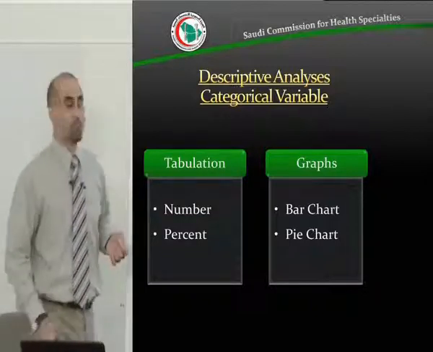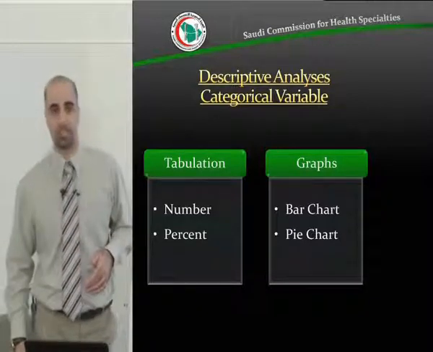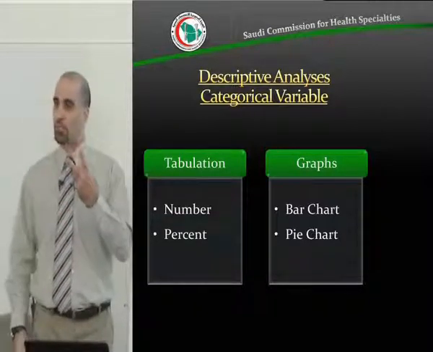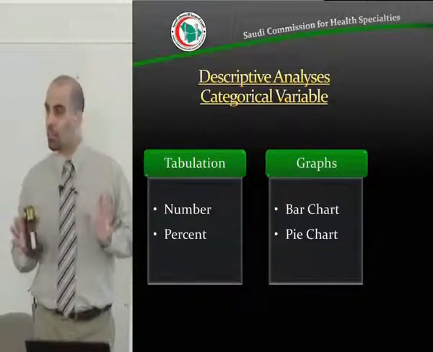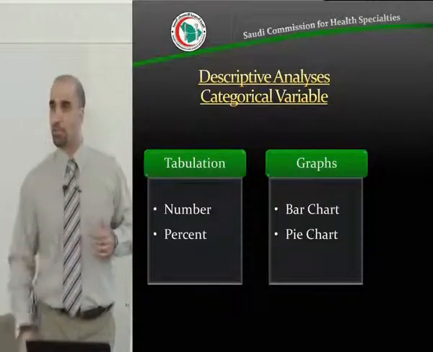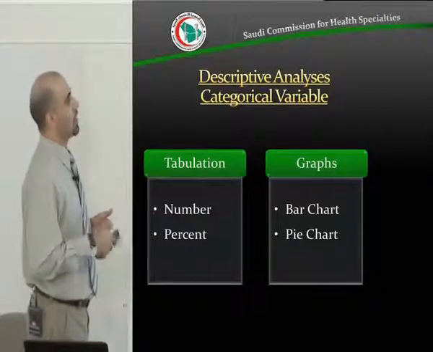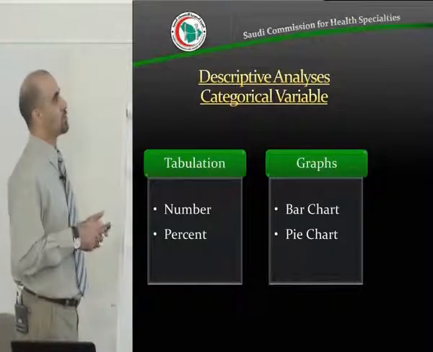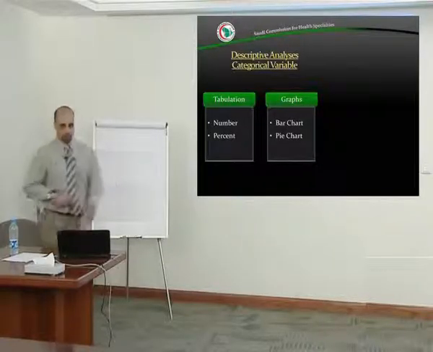This is why if I give only percent, I might tell you I have 50% males, when in fact I have two patients, one male and one female, which is 50%. Or I might have 1,000, 500 and 500, which is also 50%. So this is why in tabulation I always give a number and percent for a categorical variable. For graphs, I have the bar chart and pie chart.